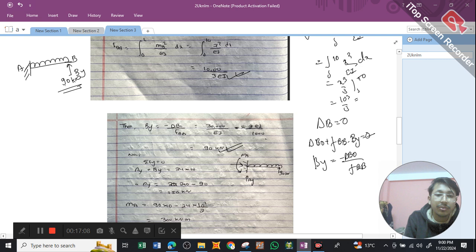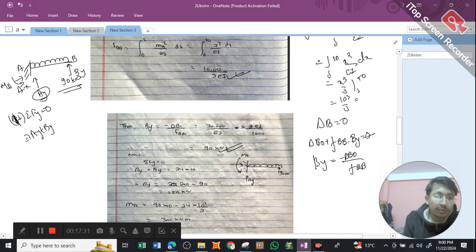Now the other unknowns are AY, AX and MA. We can simply find them. First, in order to find the value of AY, we take the sum of forces in Y equals 0. We take forces acting upward as positive, so AY plus BY equals the total UDL, which is 24 into 10.